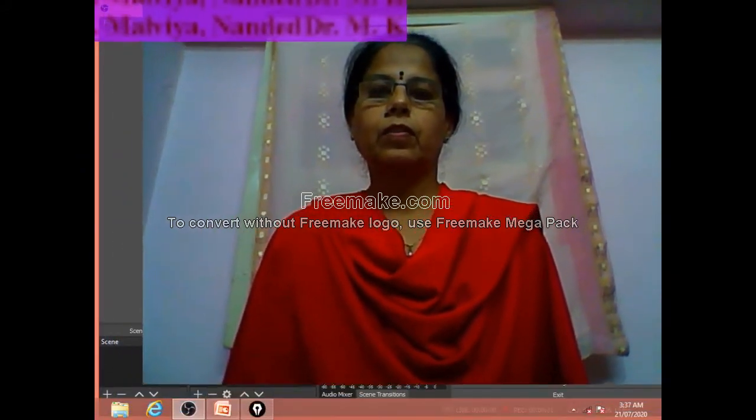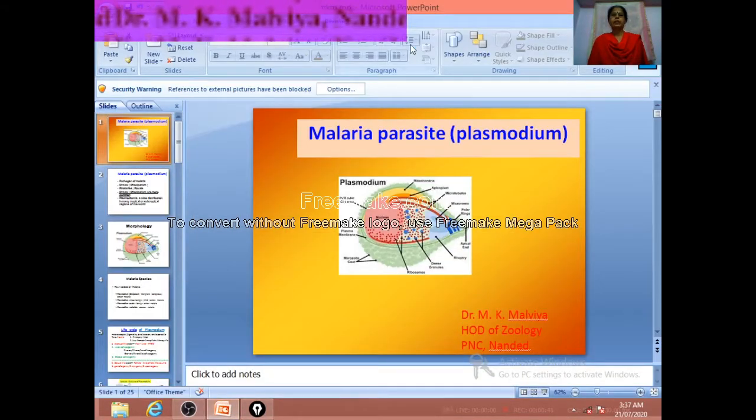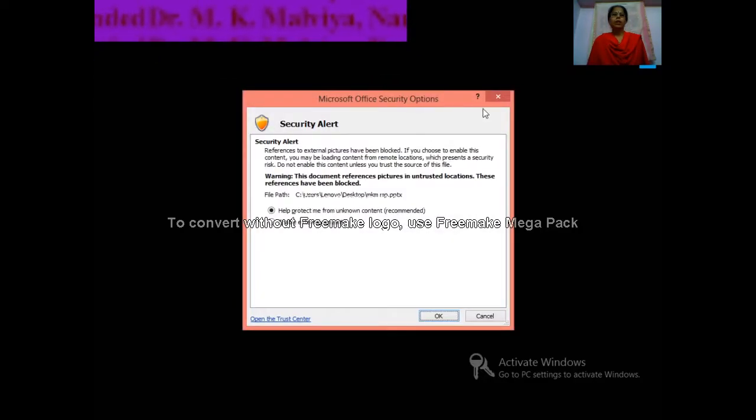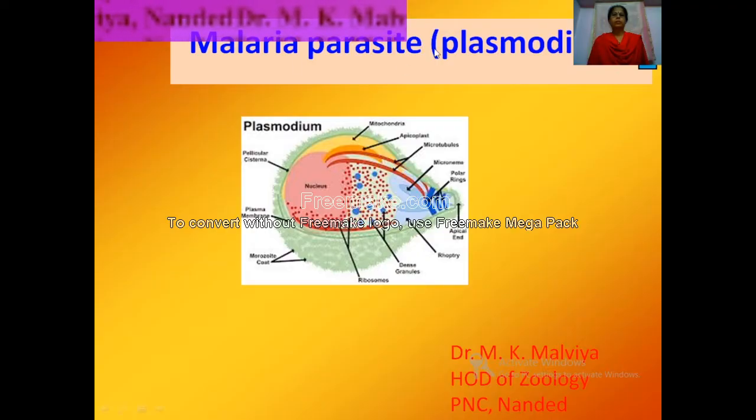Let us see the structure of the parasite. I am sharing my screen here with you and I will show you the life cycle of the Plasmodium parasite.